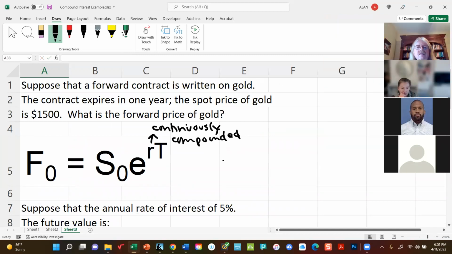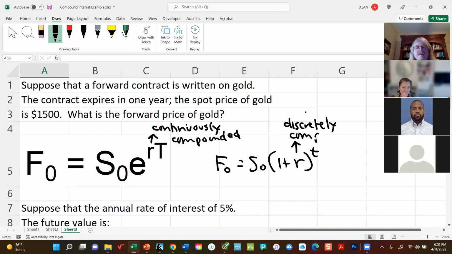But you could have also done this, where this is the discretely compounded rate, because they'll give you the same results. It's just that in the first case, the r is continuously compounded. In the second case, in our example, it would be the annually compounded rate. They're both going to give us the same thing, but there are reasons why this is the preferred approach.